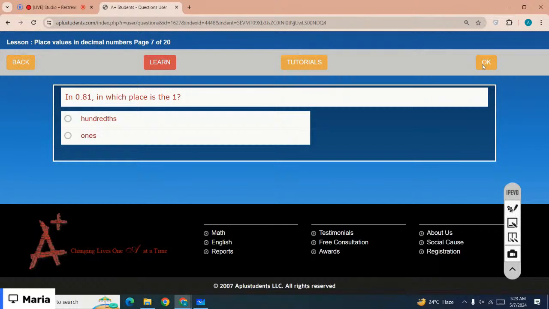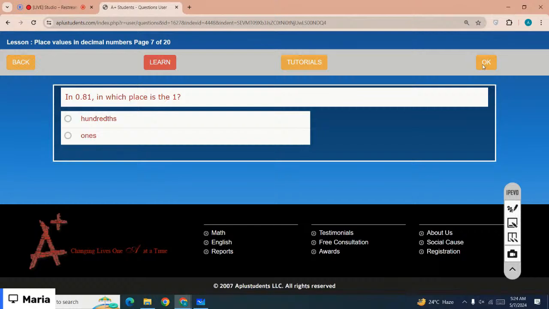In 0.81, in which place is the 1, which is the correct option? The correct option is 1 is at the hundredths position.